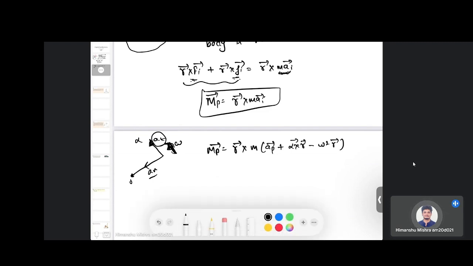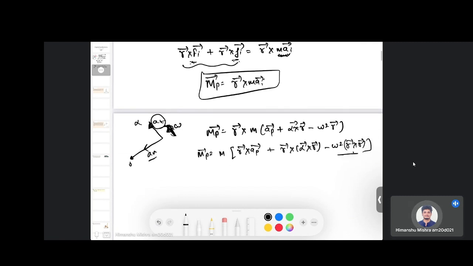So this will be my expression for the moment. I can rewrite or simplify this expression as m r cross a_P plus r cross alpha cross r minus omega square r cross r.